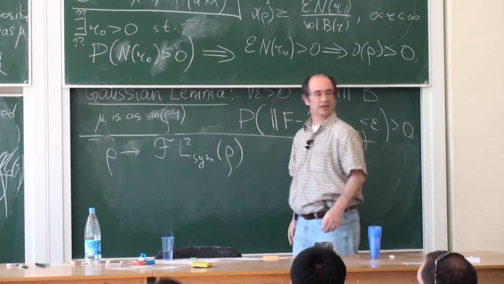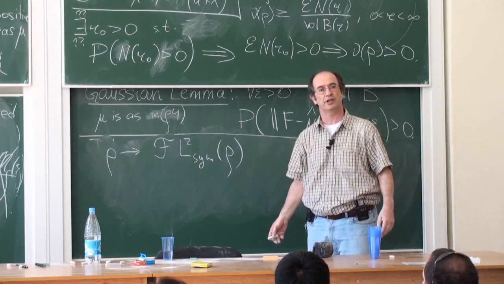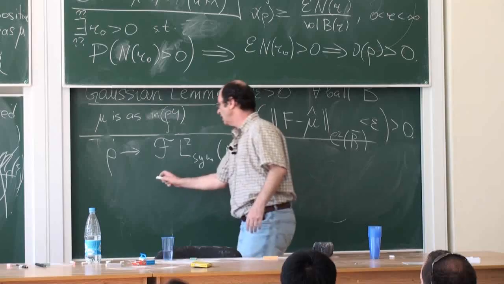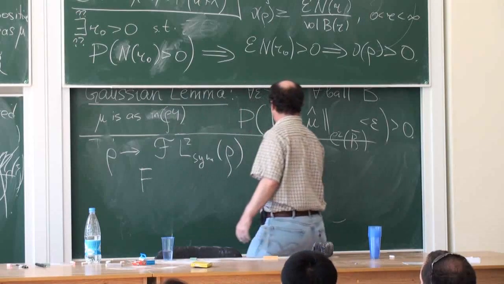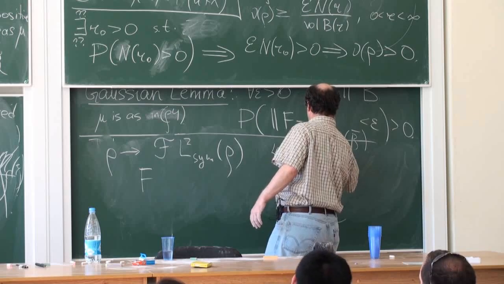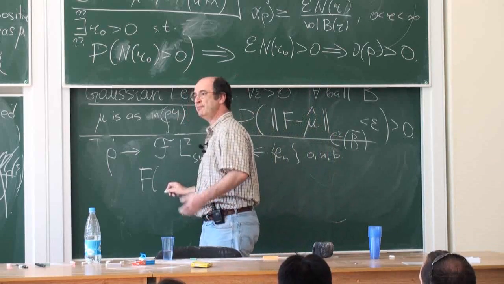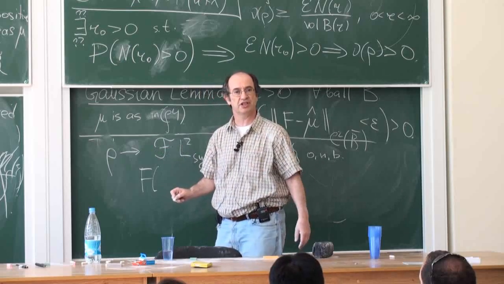If you take the Fourier transform of that space, you will get what is called a reproducing kernel Hilbert space. Then you choose any orthonormal basis in this space, and you simply have another representation for your process.